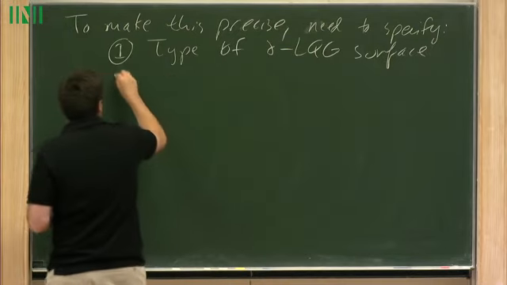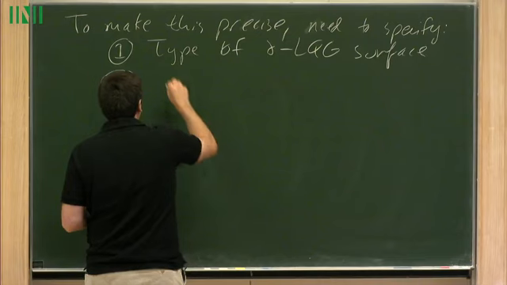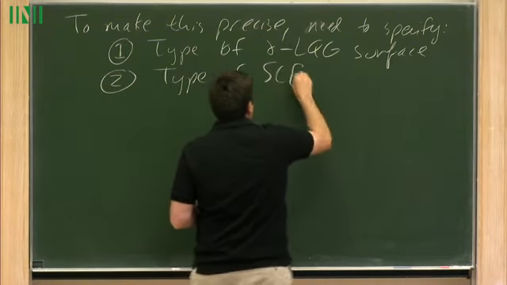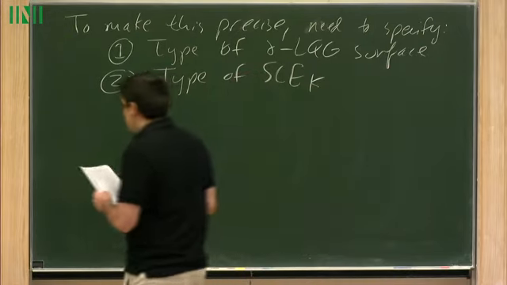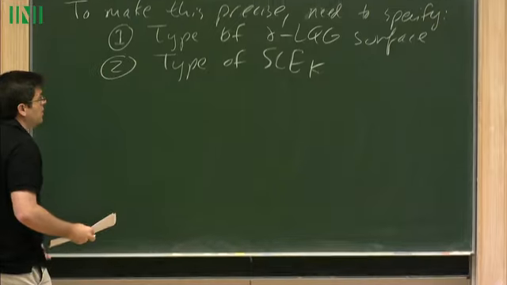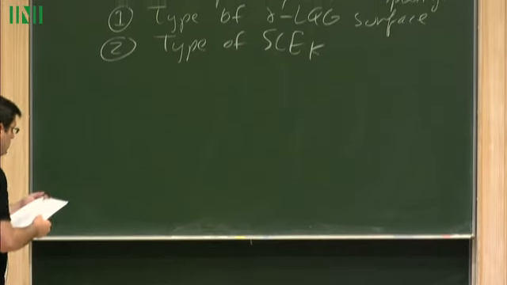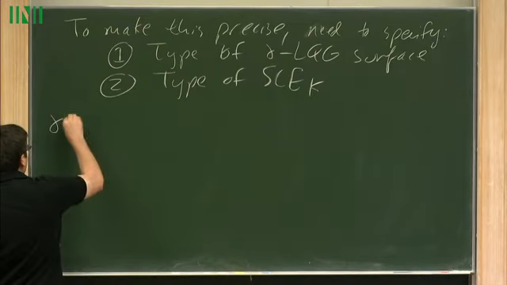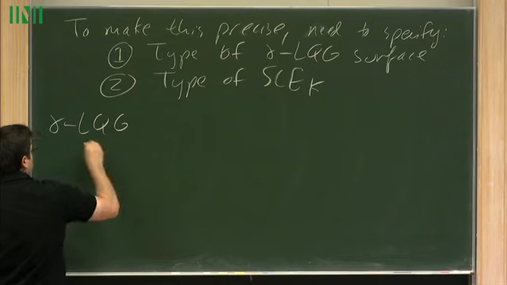And secondly, I also need to tell you exactly what type of SLE process we're going to be using here. Okay? Just before I do this, let me give you a very brief reminder of Liouville quantum gravity.